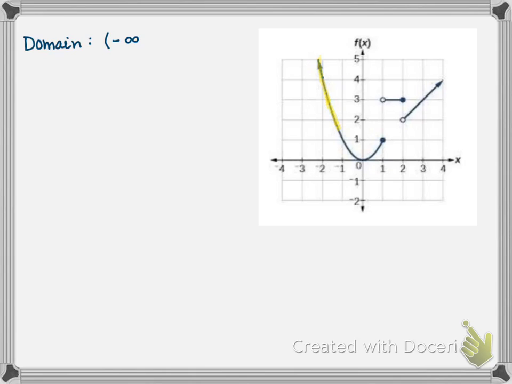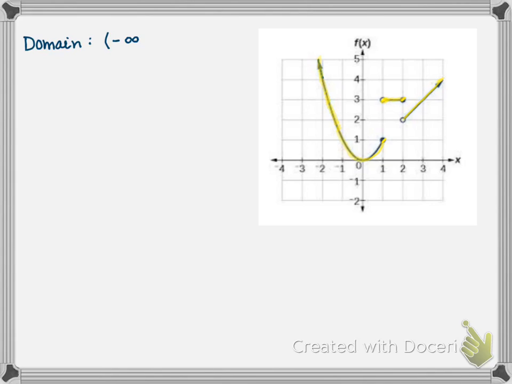Because the only jumps are just vertical jumps. So I'm going all the way to this point, and then I'm jumping up to this point, but I didn't skip any x values in the process because I didn't jump horizontally. I just went straight up. And then we're walking along here, and then again, there's a jump, but it's a vertical jump. So I haven't skipped any x values.